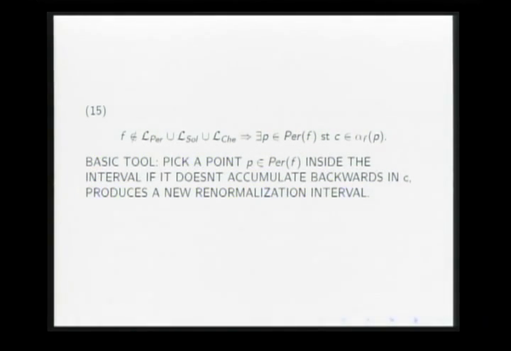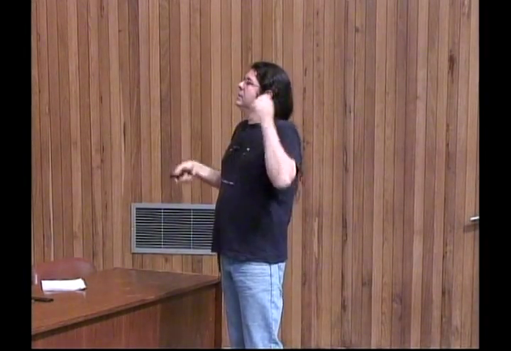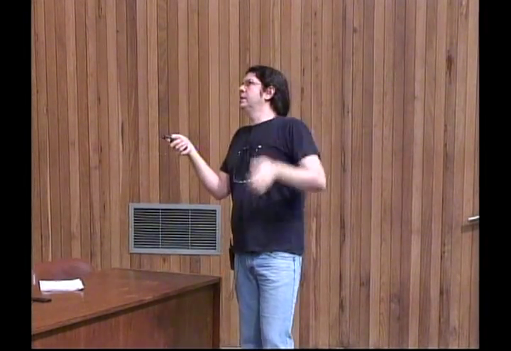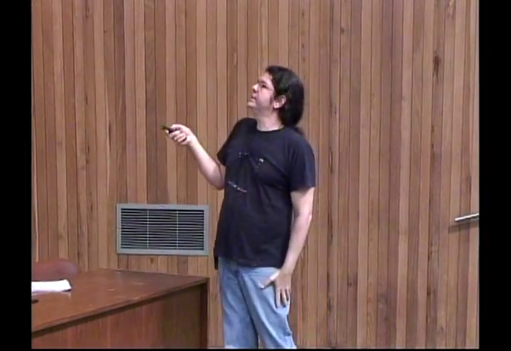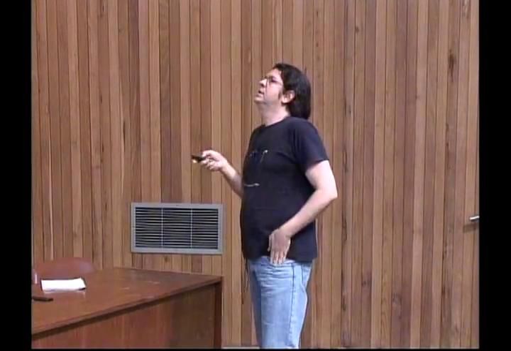So it also gives us a kind of process. If you are at a level of renormalization, you pick a periodic point here, and if you look at the backwards orbits, the alpha set, if it doesn't accumulate in C, you will have a new renormalization interval inside.